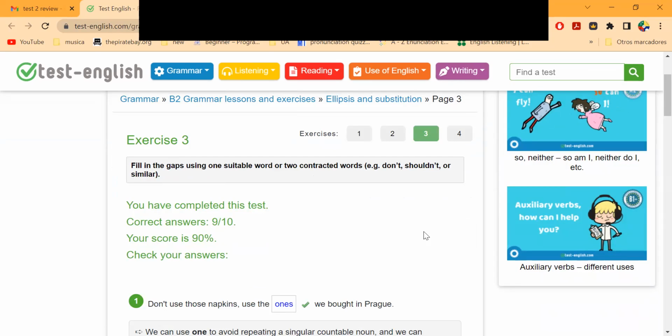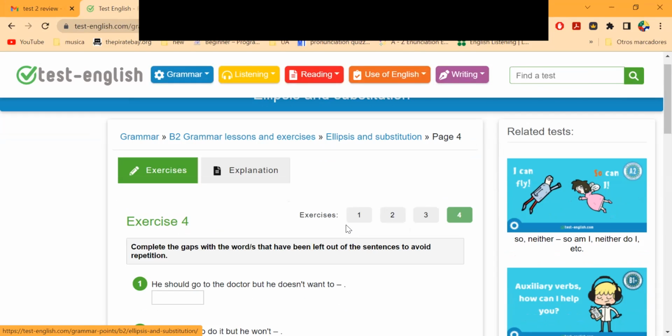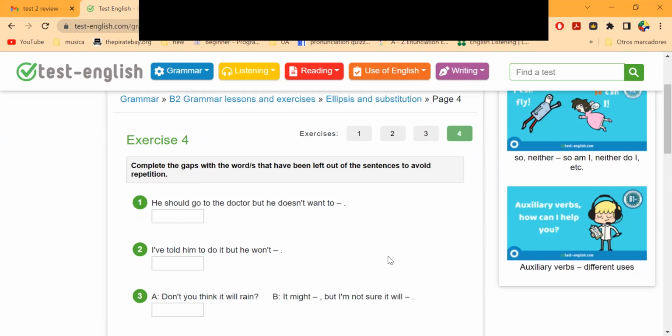I'm only doing a selection of activities, but remember that in this website, you have more activities you can do, many more. So you have many chances to continue practicing, okay? Let's do 4. He should go to the doctor, but he doesn't want to. Aquí tenemos que hacer acá.